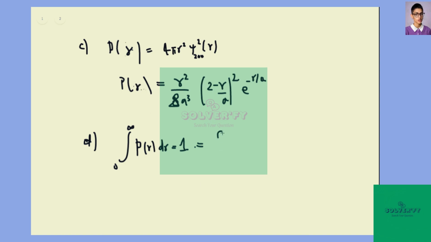So we take 0 to infinity r square over 8a cube into (2 minus r over a) whole square e to the minus r over a dr.